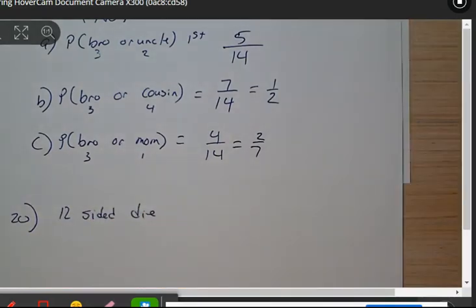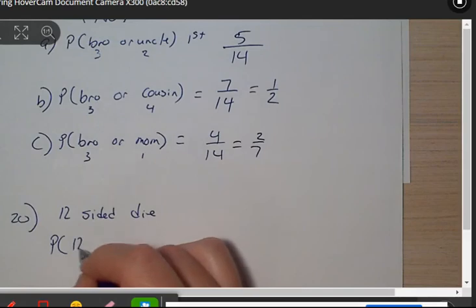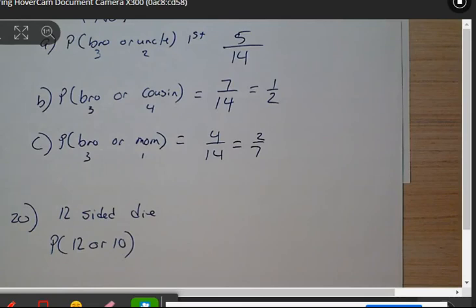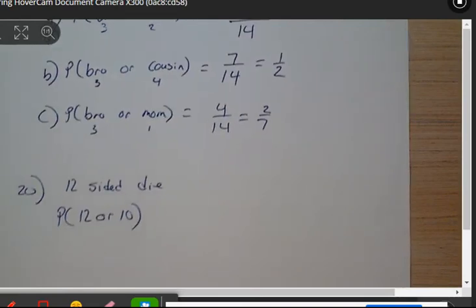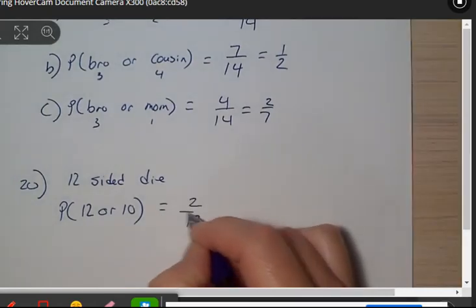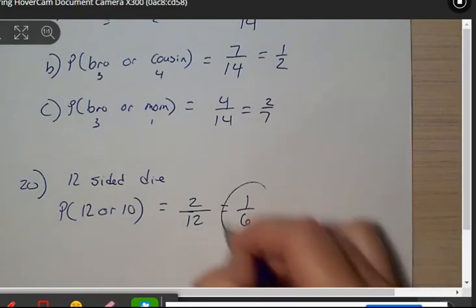Equal probability of getting numbers 1 through 12. And it asks for the probability of getting a 12 or a 10. Well, it's fair, it's not loaded dice of any kind. In that case, that's going to be 2 out of the 12 numbers. So it's 2 out of 12, simplify to make it 1 out of 6.